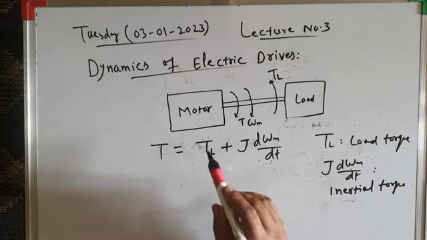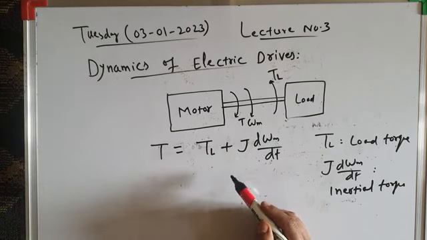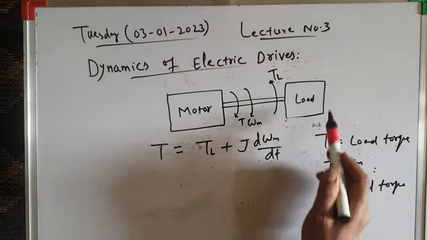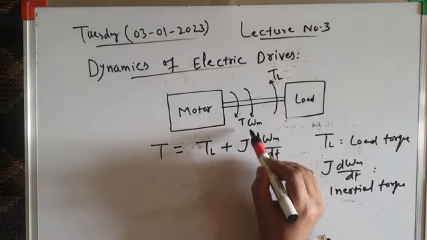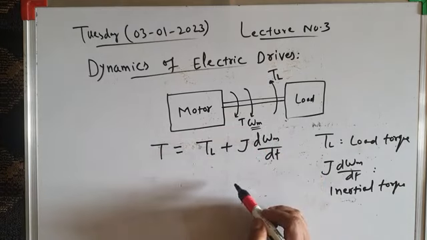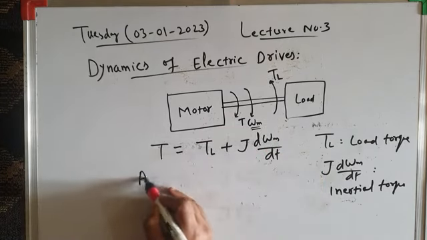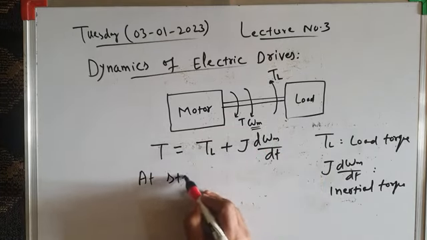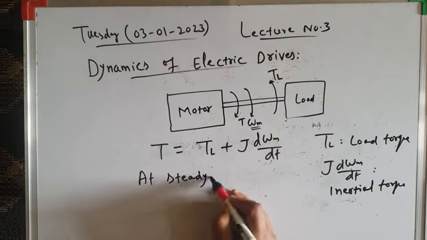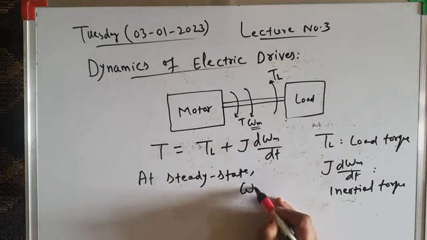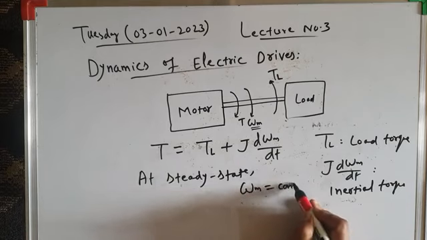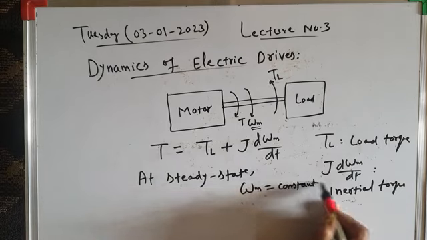So T should be equal to TL plus J d omega m by dt. That will cause acceleration of the motor and its driven load until the load reaches its steady state speed, and it runs at a constant steady state speed omega m. So I will write: at steady state, when the system reaches steady state, omega m is constant. That means the system runs at constant speed.